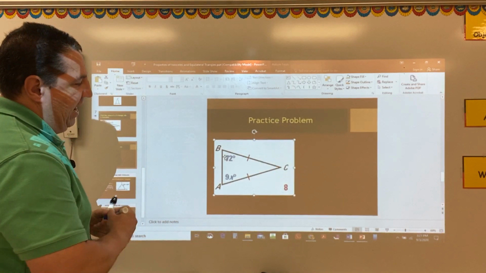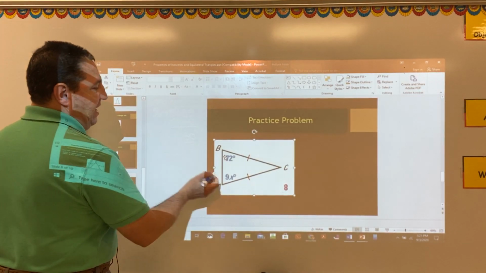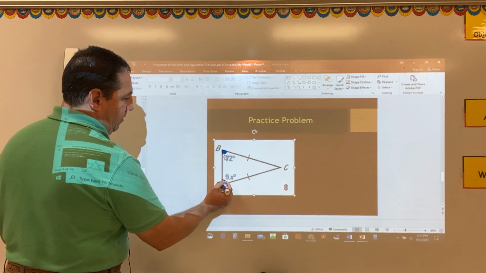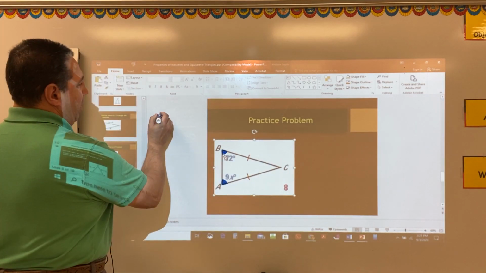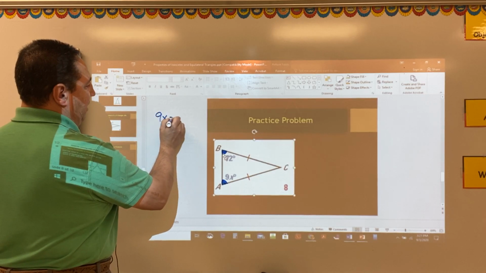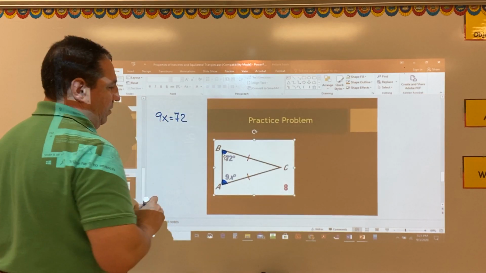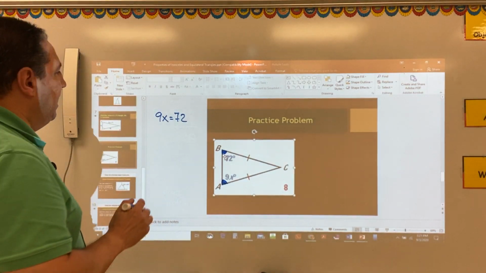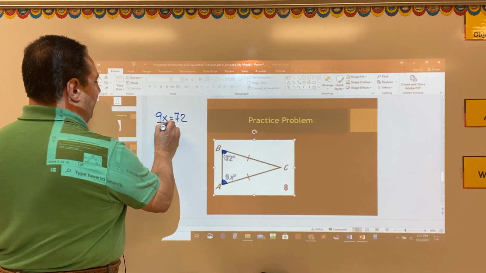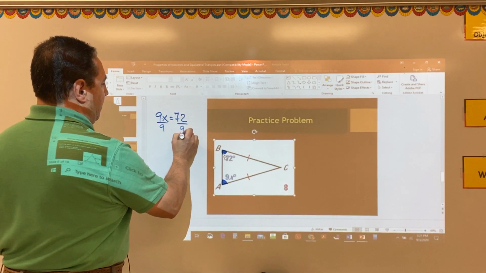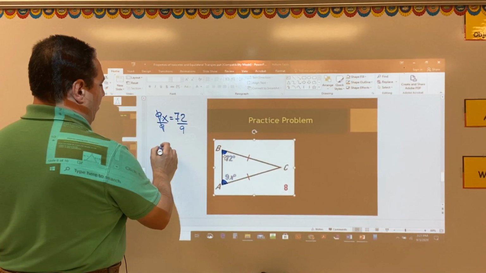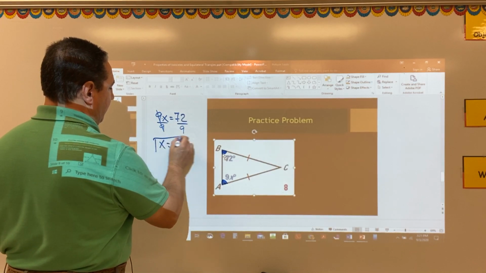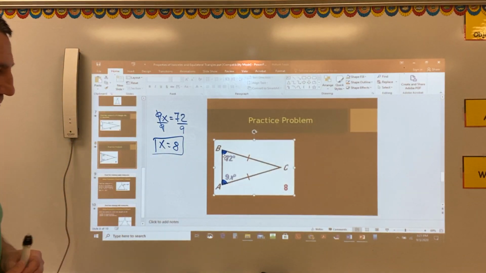So we have to write the equation, these two angles are congruent. So the equation would be 9x equals 72. We solve for x. We get rid of 9 by dividing by 9. 9 and 9 divide out. X would be 72 divided by 9, which is 8. Good.